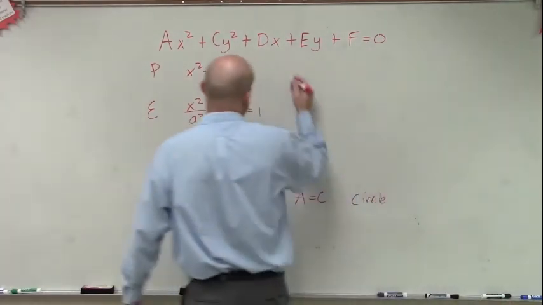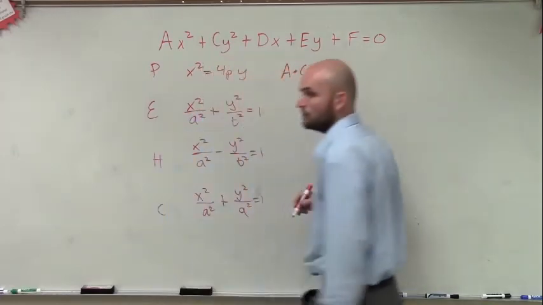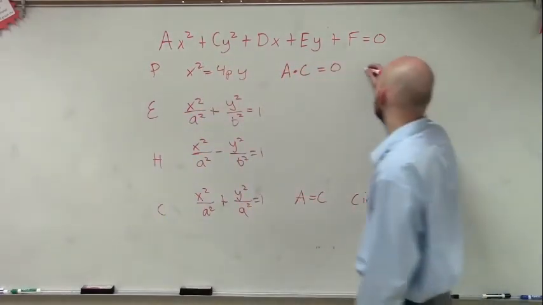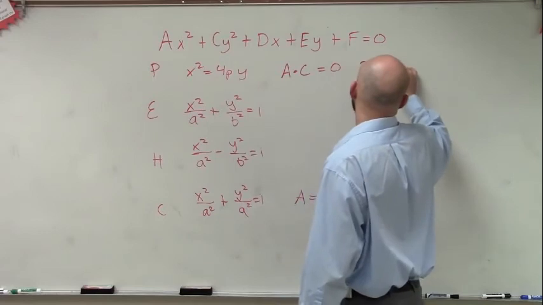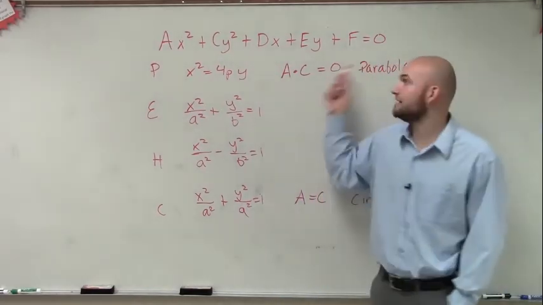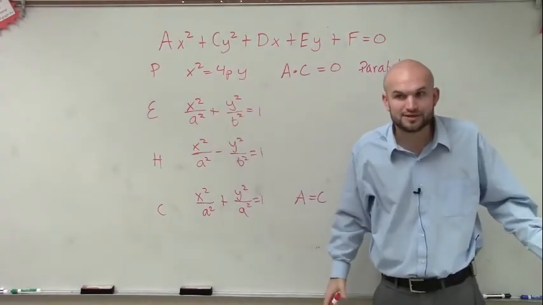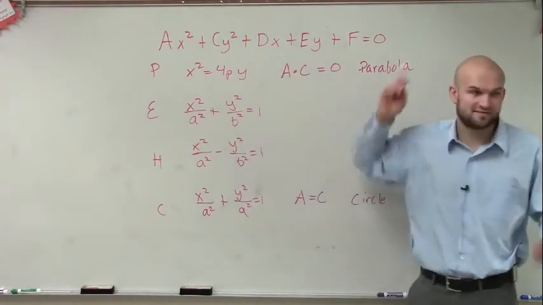So if you multiply a times c and you get 0, then you know you have a parabola. If you're given a formula in this form and you only have one x squared or one y squared, ladies and gentlemen, then you're going to have a parabola.